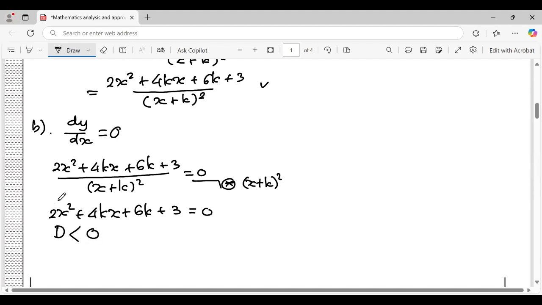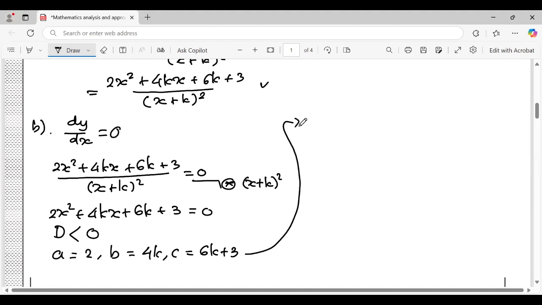So on this equation, a equal 2, b equal 4k, and c equal 6k plus 3. So the discriminant equals b squared minus 4ac.